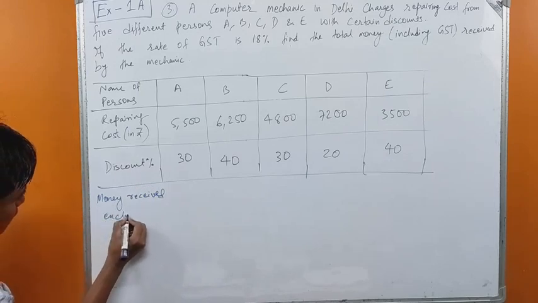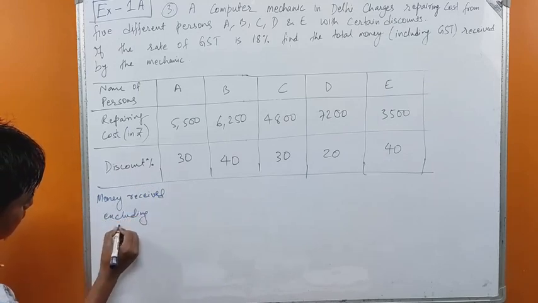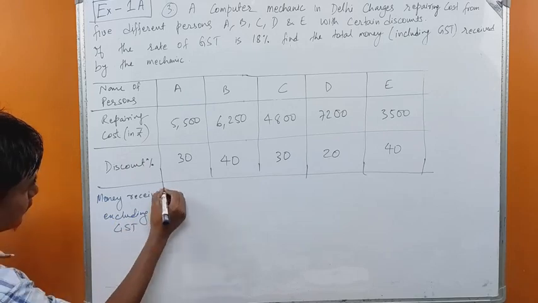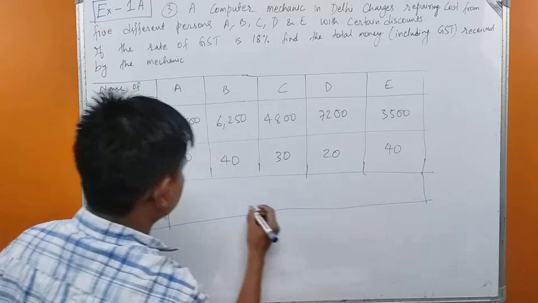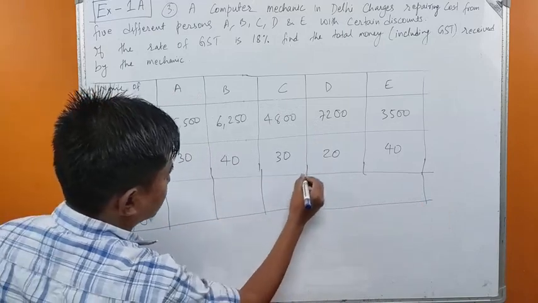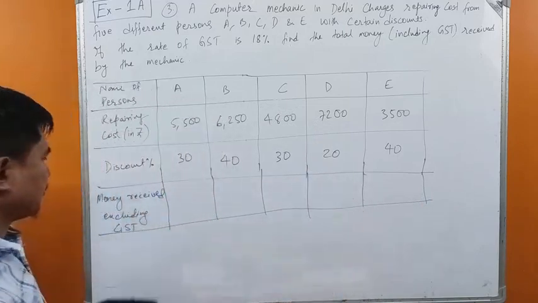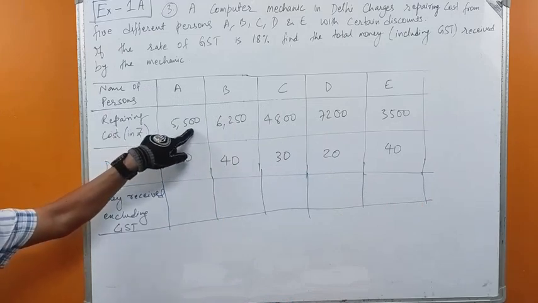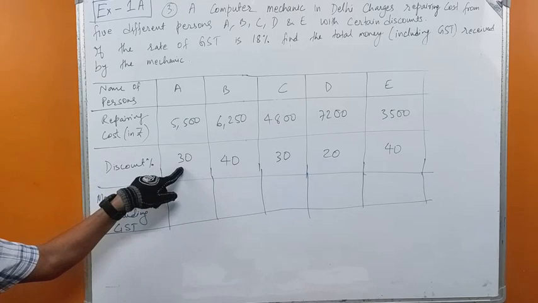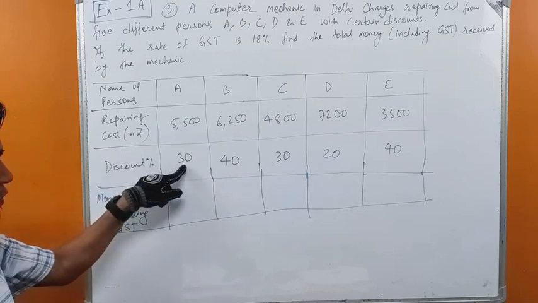Money received by the computer mechanic excluding GST. Repairing cost for A is 5,500, but he got a discount of 30%, isn't it?